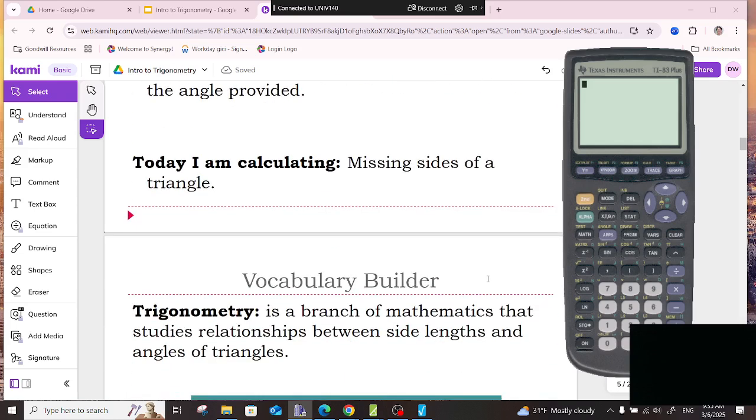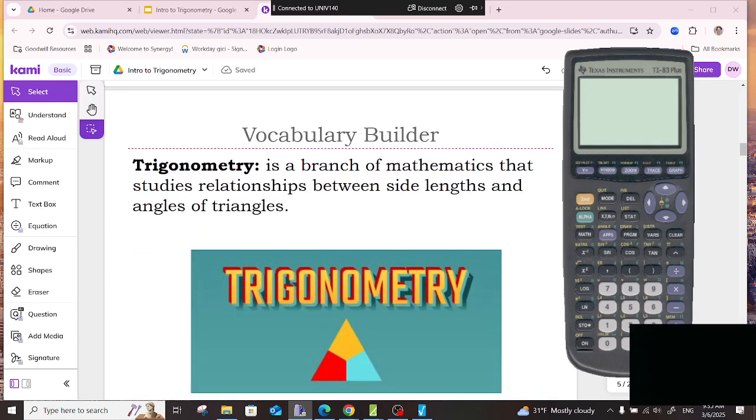Okay. So trigonometry is actually a whole branch of mathematics. When I was in college, I took a course that the whole semester was trigonometry. And we learned trigonometry identities and all this fun stuff. Sine squared plus cosine squared equals 1, all that fun stuff if you've been to calculus.